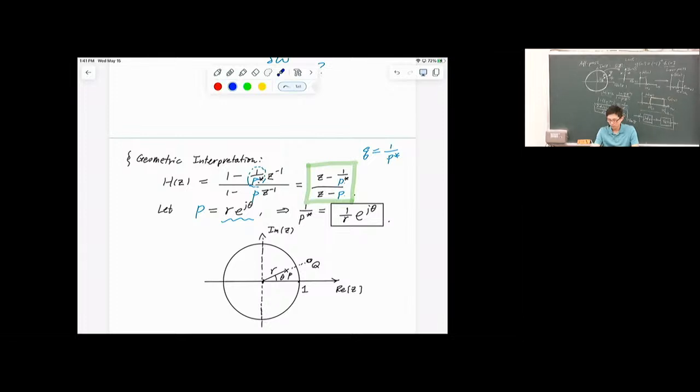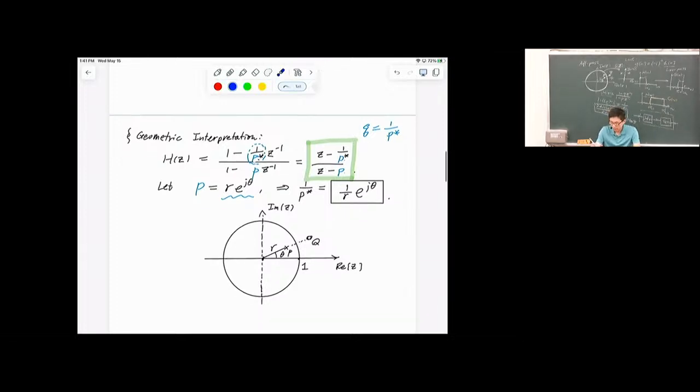So especially when we evaluate this ratio, we have to think of the top part as a vector, and this vector is z. Now z is evaluated on the unit circle, with omega being a parameter going around the unit circle, from minus pi to pi.